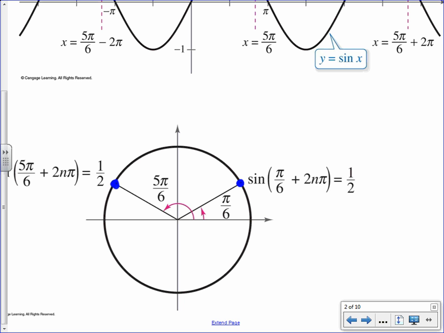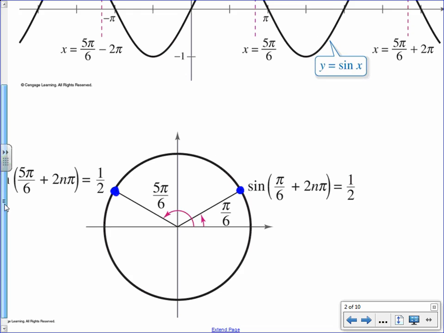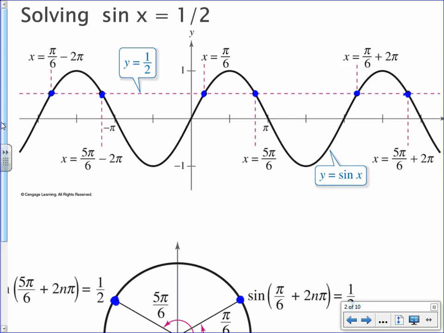And if we continue to rotate around the unit circle, or if we think about the period of our graph, the period of sine is what? What's the period of sine? 2 pi. Okay, so since the period of sine is 2 pi, all of these coordinates are how far apart? 2 pi.